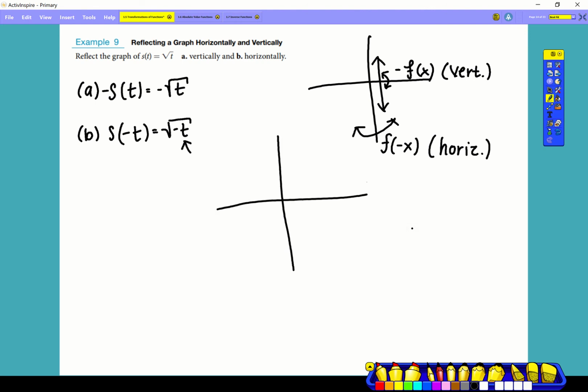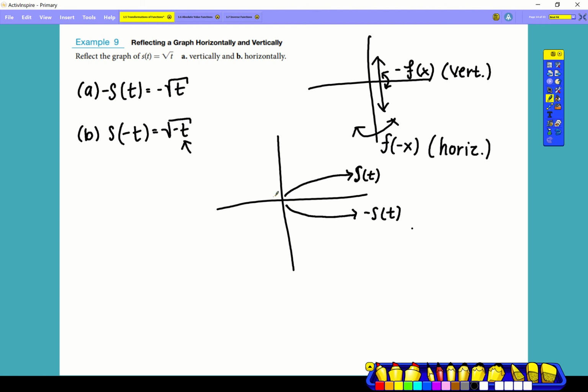You can't multiply two of the same number together and suddenly get a negative number. So what this says is, that's the square root. So when we flip it over, this is s of t. This is negative s of t.